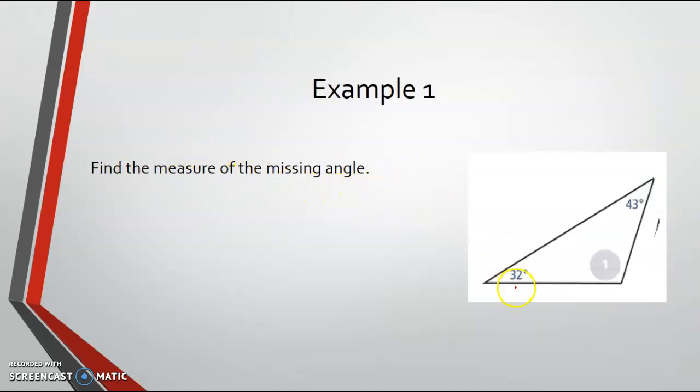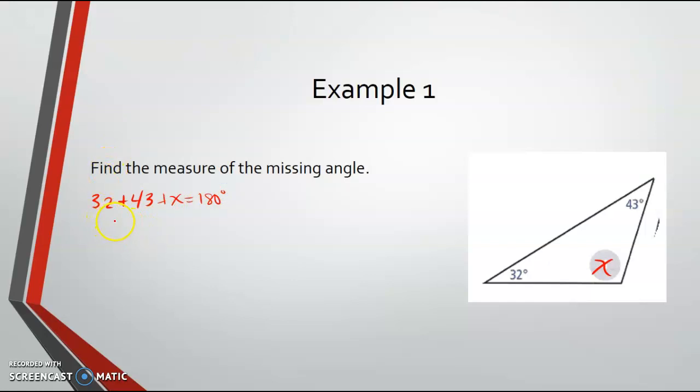Find the measure of the missing angle. So we're going to call this x. I don't know if you can barely see the 1 on your paper. I know that 32 plus 43 plus x equals 180 degrees. So now I'm going to combine like terms.